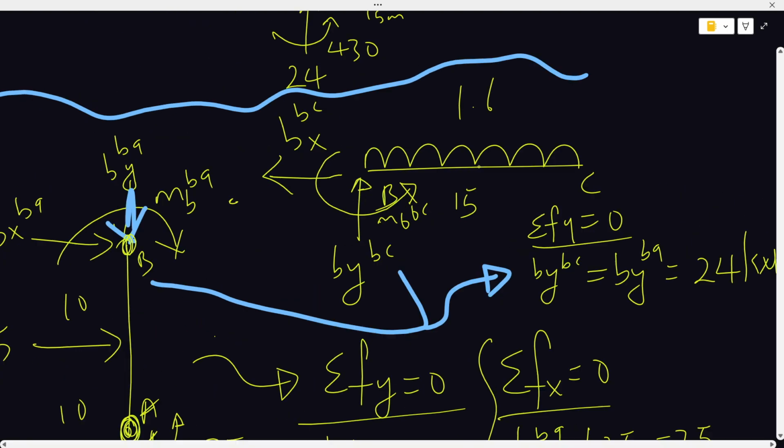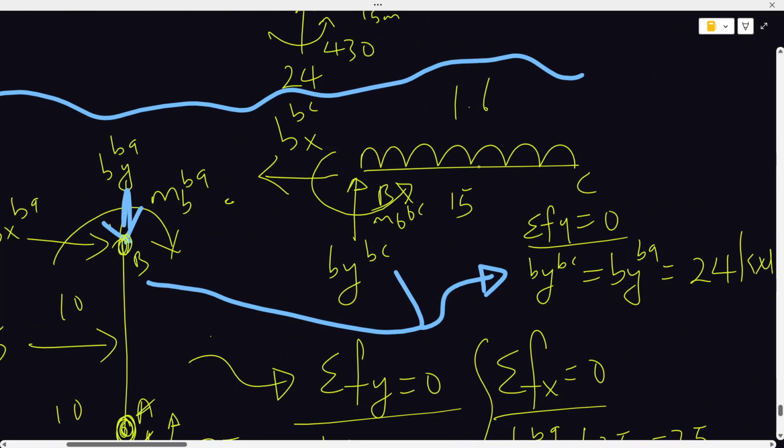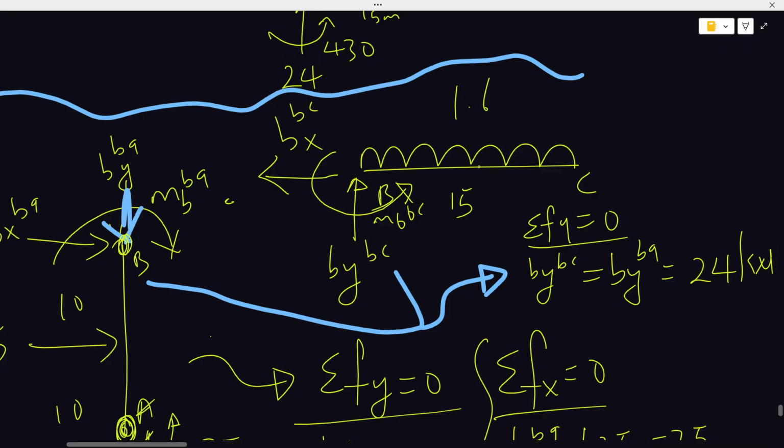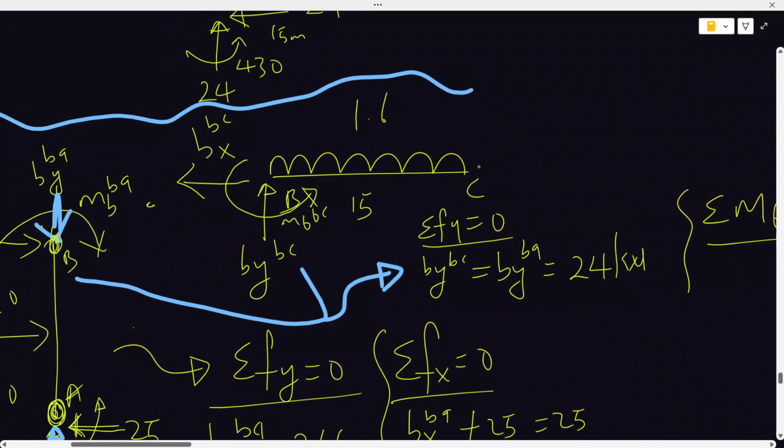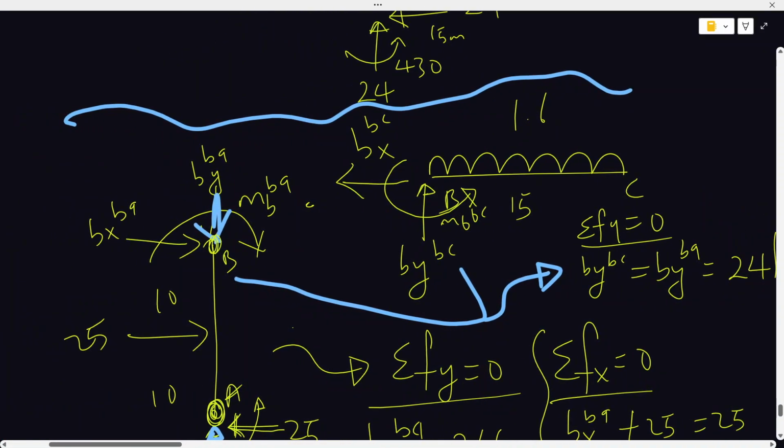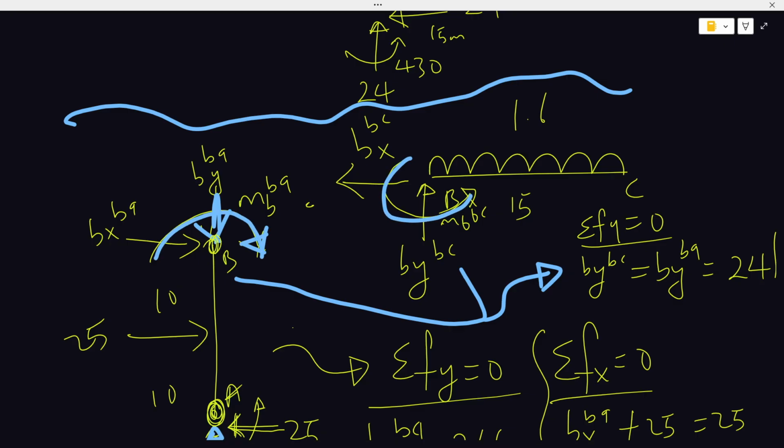Looking at this, once again, forces can't act because there's no distance between them, but moments would act. Anytime you are finding the equilibrium equation for a joint, just make sure that it is moments you are dealing with. So this moment here is in a clockwise direction. This moment here is in the anti-clockwise direction.